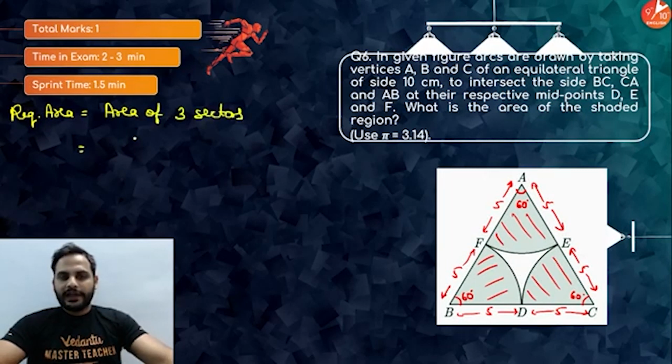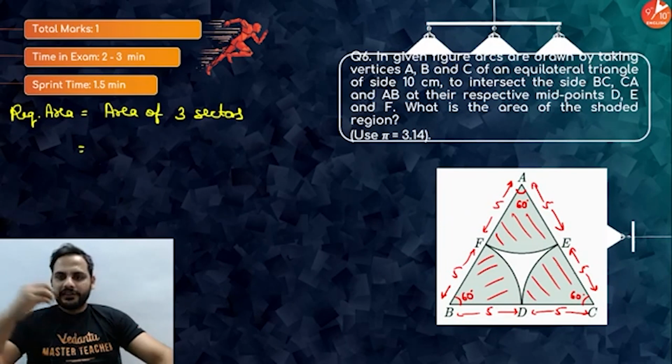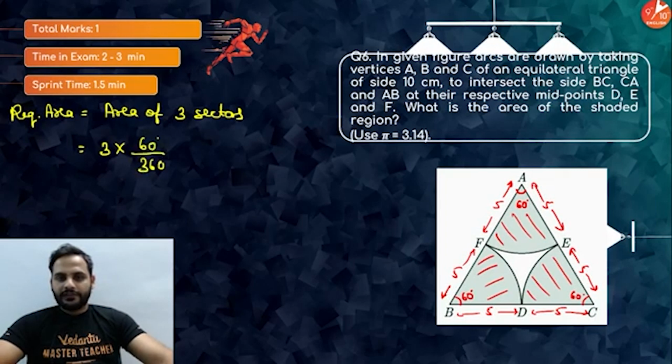Since all the sectors are exactly the same, just find out the area of any one and multiply it with 3. So 3 times the area of any one sector, which is theta by 360 into pi, we have to take it as 3.14, into radius, which is 5, so 5 square, right?